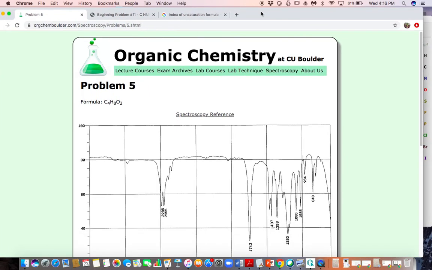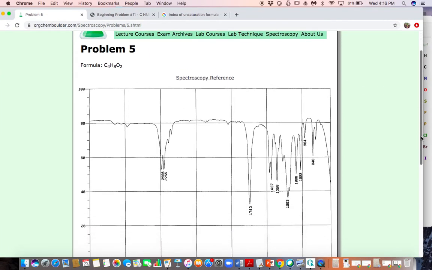If I'm looking at the IR analysis here, I see right away we have a carbonyl group, and this is going to account for our index of 1, right? I also see some strong signals in here. These two signals are important because, if you look at your IR notes, they indicate the presence of a C single bond O. CO single bonds are in the fingerprint region.